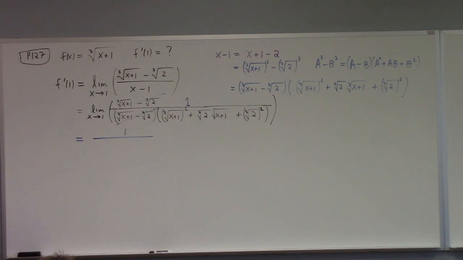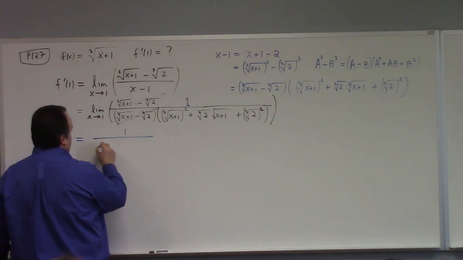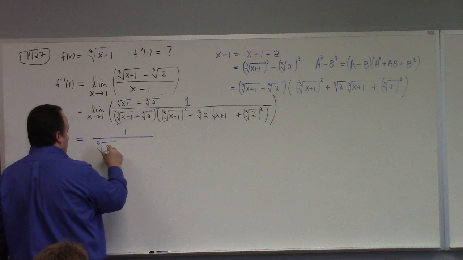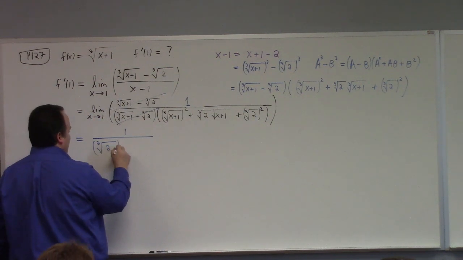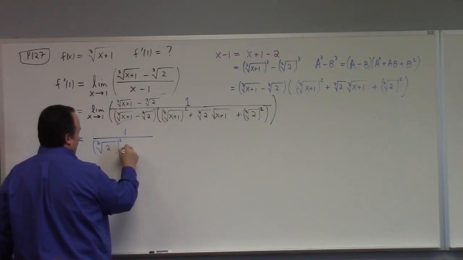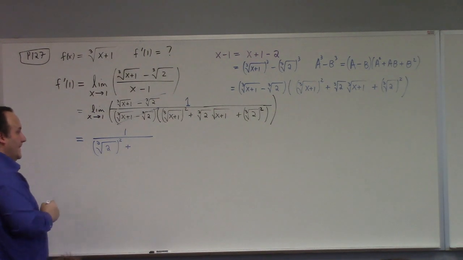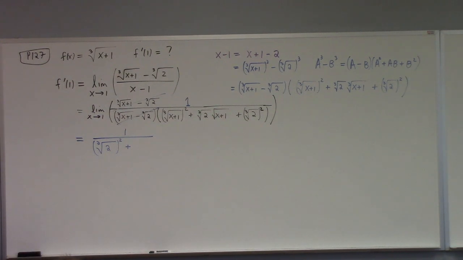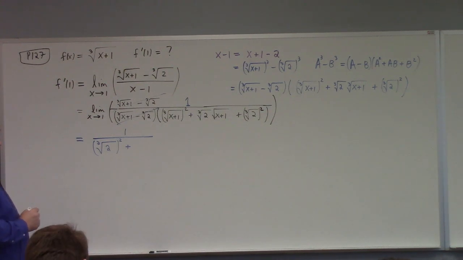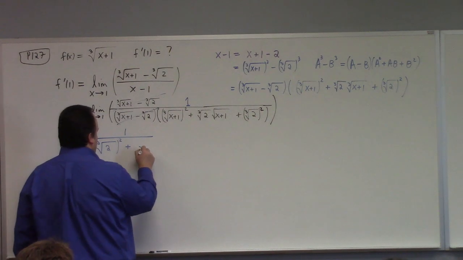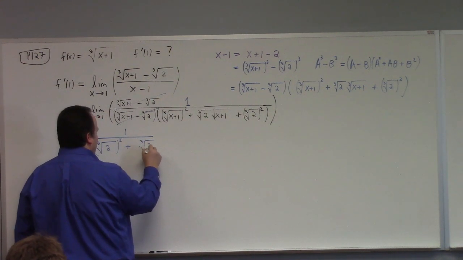As x goes to 1, we've got what? The first thing is the cube root of 2 squared. What's the second term? As x goes to 1, the second term in that trinomial is another one of these, right?